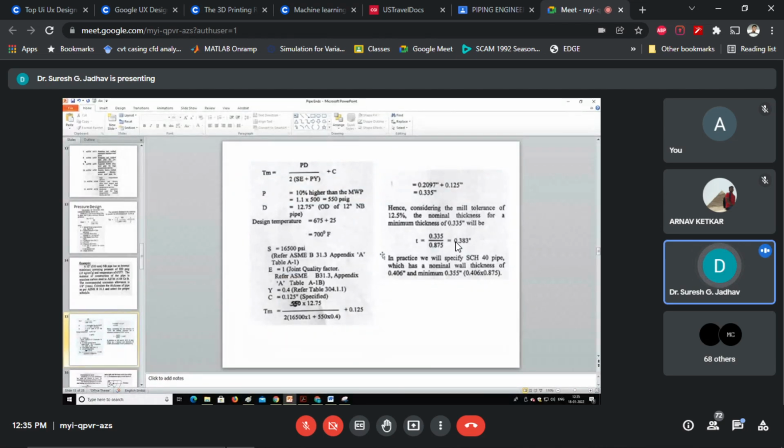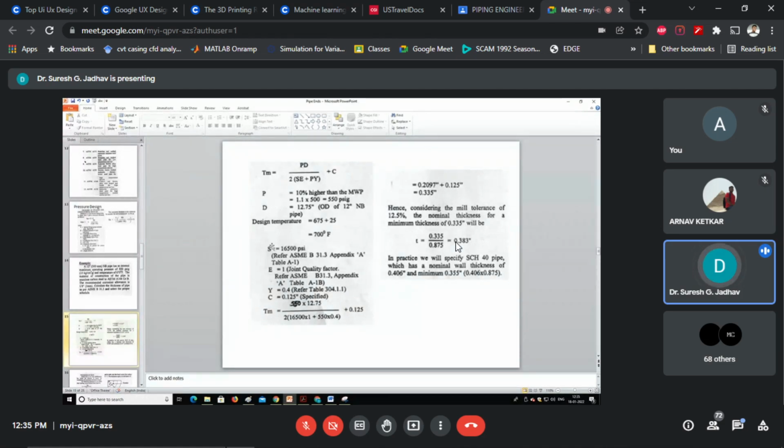If you consider 20% higher than the maximum working pressure, then in design temperature we have to consider 50 Fahrenheit. So as per ASME B31.3, the design temperature is 700 Fahrenheit.